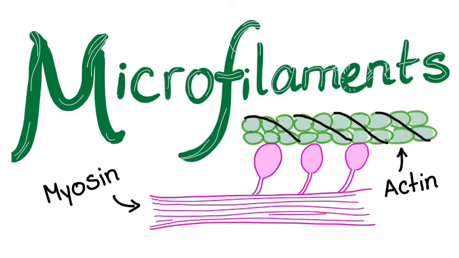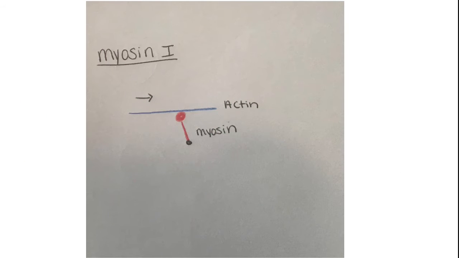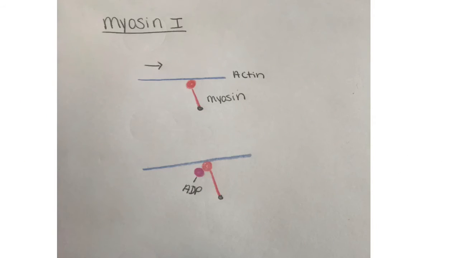Myosin can be bound to either ATP or ADP. Myosin bound by ADP increases its affinity for actin, and myosin bound by ATP decreases its affinity and makes myosin let go of actin. Myosin is bound to actin when it's bound to ADP, but myosin has a high affinity for ATP now.